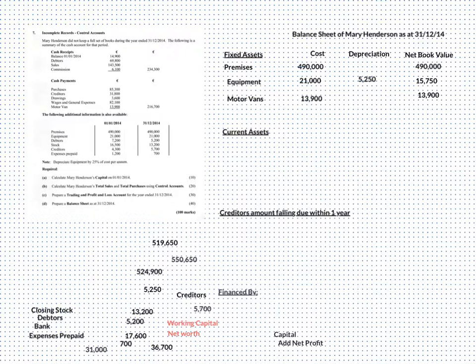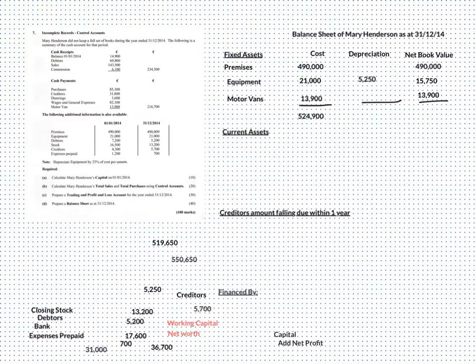So we just need to add all these down now. So we'll just underline these. If we add these down, the first column here equals 524,900. So that's right there.